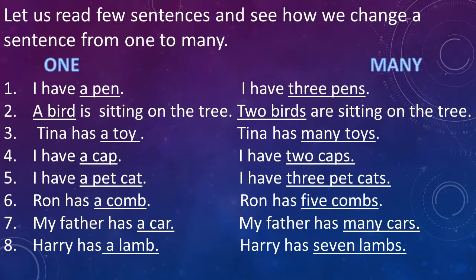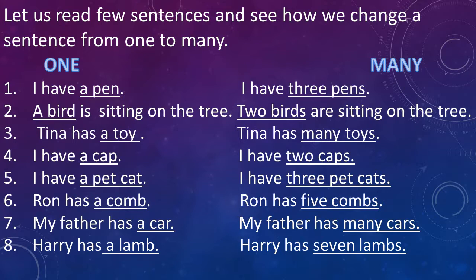Alright. I have a cap. A cap, one cap. I have two caps. What did I do? I have added S. When I change it, I add S and it becomes many.